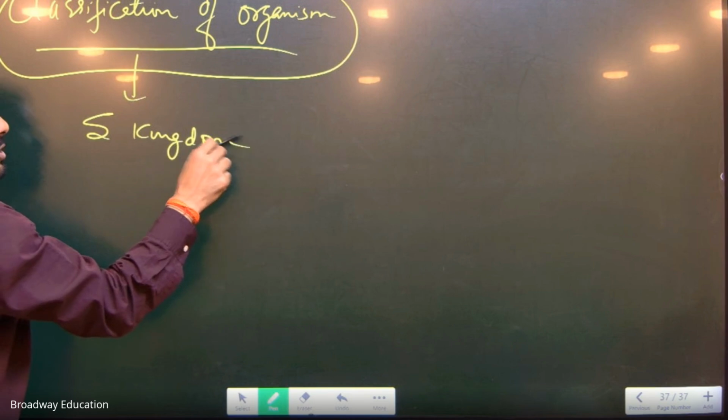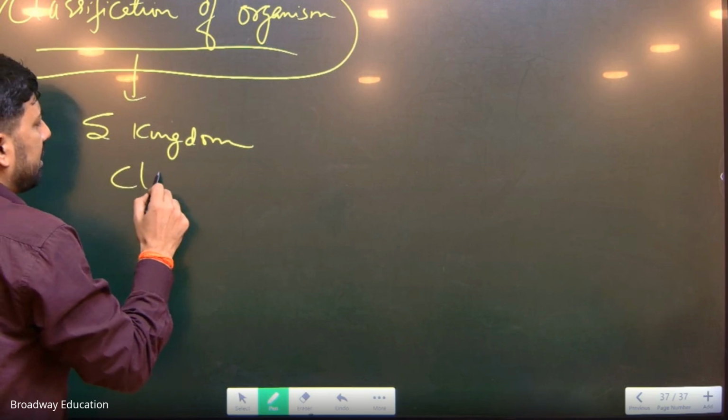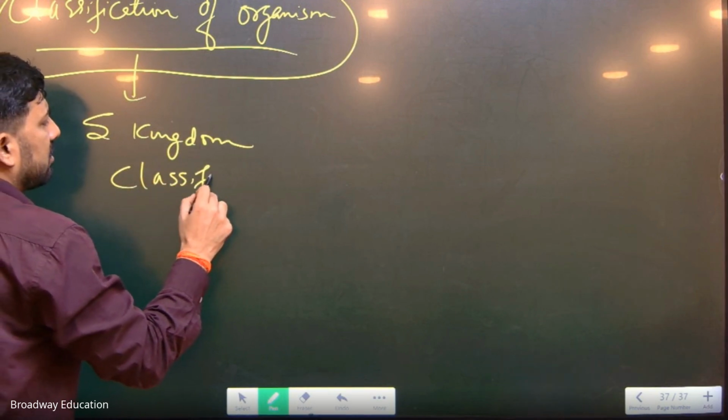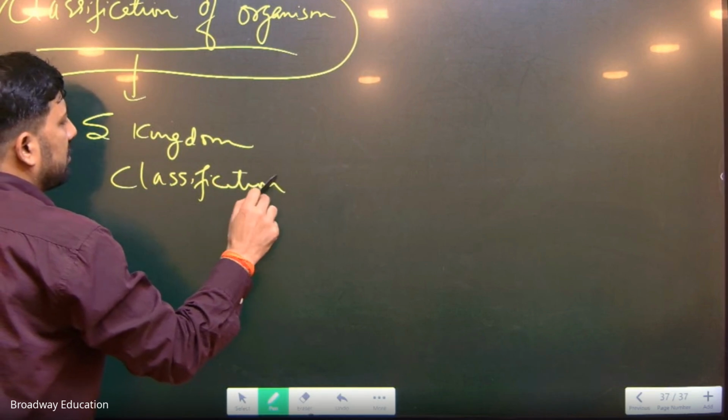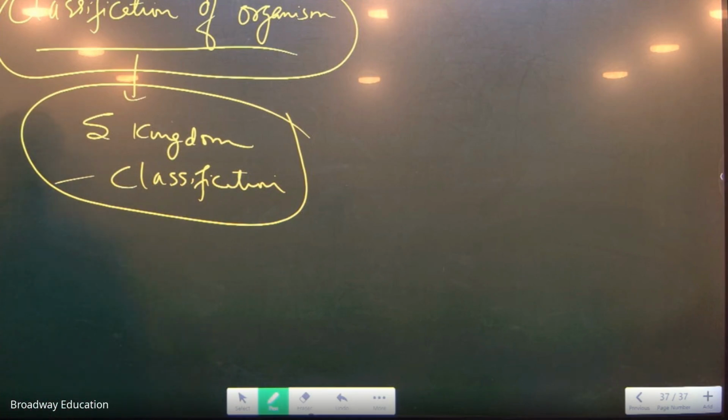If you get time, make a diagram of this in your notebook. 5 kingdom classification was propounded by Whittaker. Please try to make the flow chart in a notebook. Just try to study these things and then come. It will be more interesting to study after that.